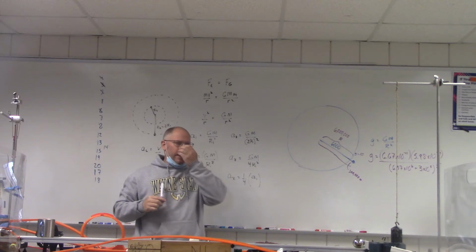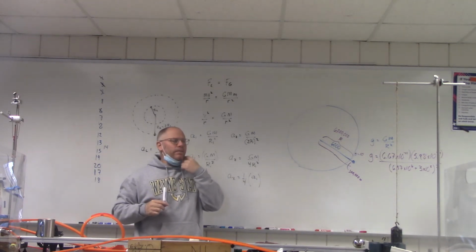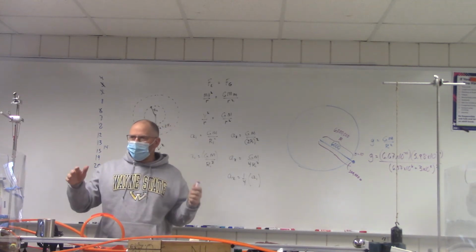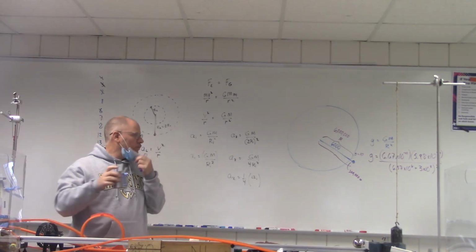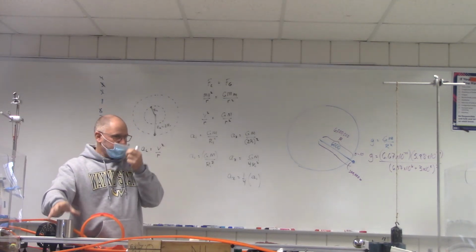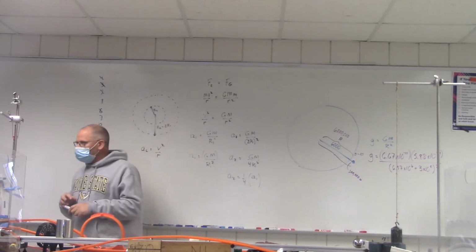So it was tricky because it's giving you stuff in kilometers, but we don't get to work in kilometers, we have to work in meters. I've got to read these questions more closely.